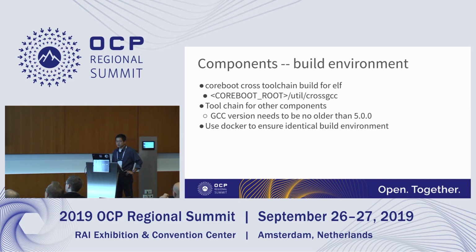It's self-contained. And then for the toolchains for other components, with the latest coreboot, the GCC version needs to be no later than 5.0.0. And in our build script, we check that. In future, we also plan to use Docker so that the identical build environment is used wherever you build it.